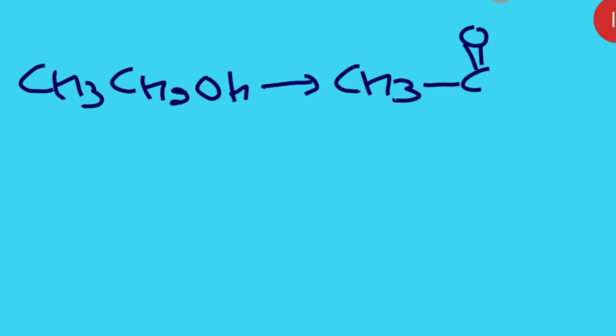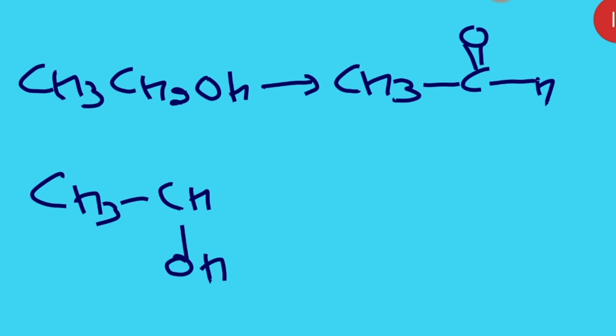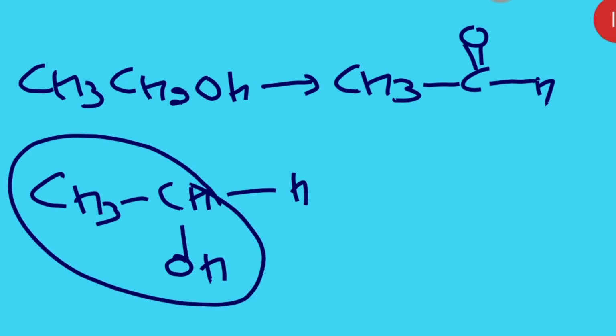Same way, I am giving you some more examples. See, all of you, will ethanol give the iodoform test? Yes. Why will it give? Because on oxidation it forms CH3CHO. So the CH3CO group is there. We have studied this in alcohols. Those which contain CH3CHOH will give the iodoform test.